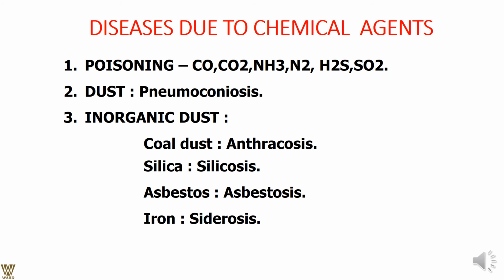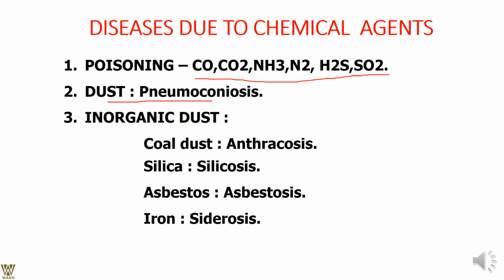We'll talk about the chemical agents. What are the poisonings? I have already said around it. The carbon monoxide poisoning, the ammonia poisoning, the sulfuric acid poisoning. This is what is happening, and because of the dust, it's pneumoconiosis that happens. Inorganic dust. When I say inorganic dust, I'm talking about coal, anthracite, silica, and things like that.